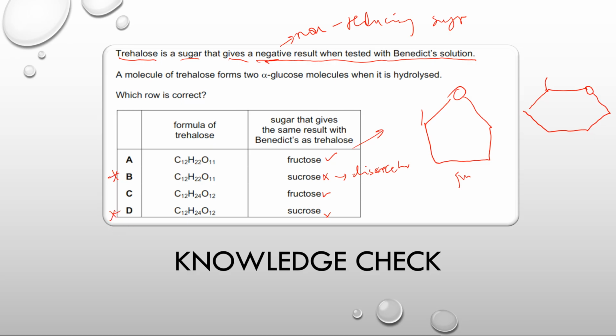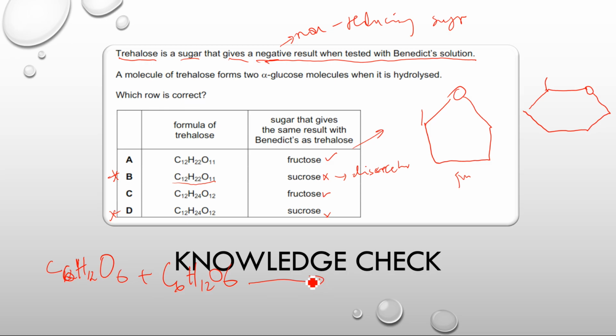Remember that it should be B. How do we get that? Just combine two monosaccharides, two hexose sugars. C6H12O6, like we did the other time, plus another C6H12O6.